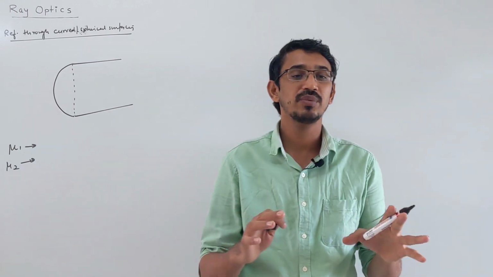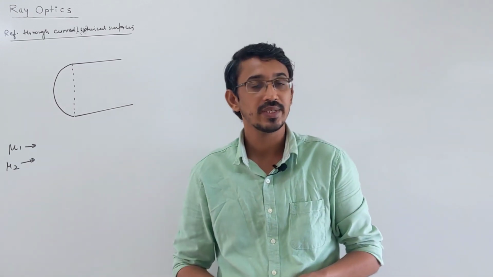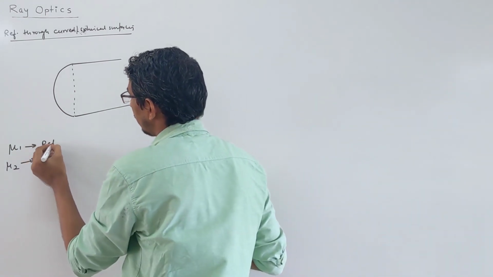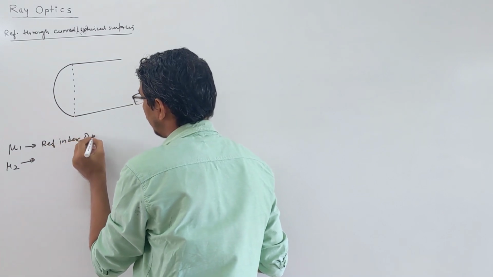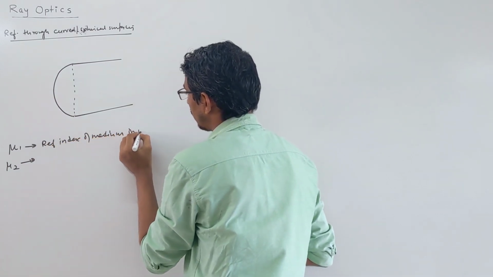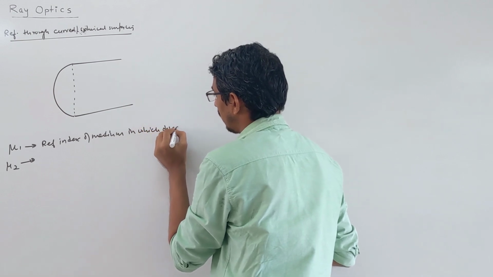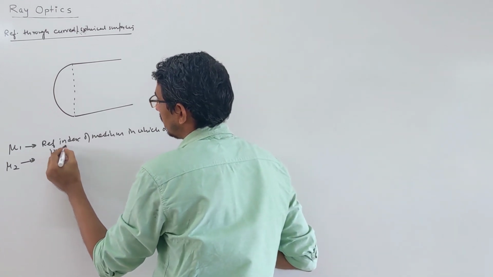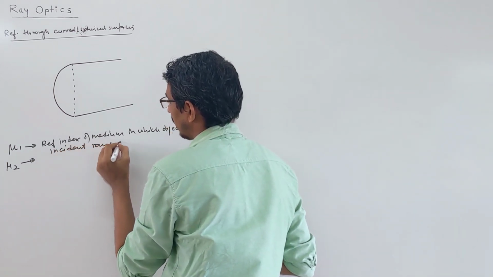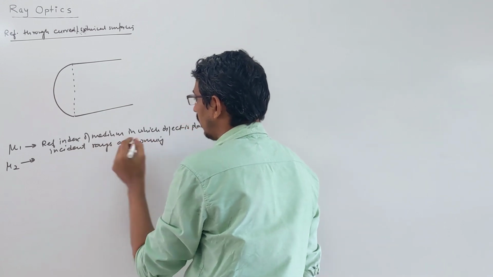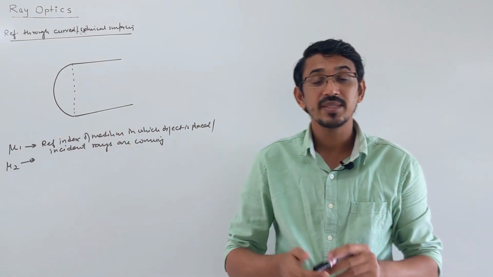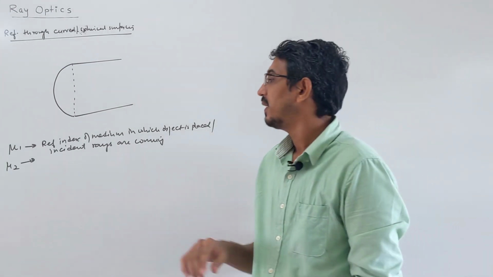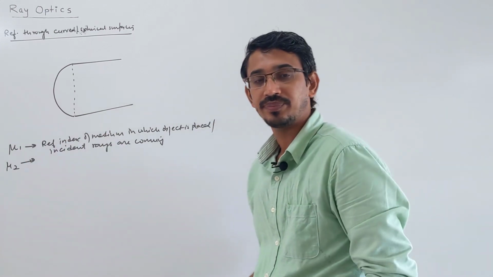Mu1 is the refractive index of the medium in which your object is placed, or you can say in which the incident rays lie, the medium through which the incident rays are coming. So that we call refractive index mu1, correct?